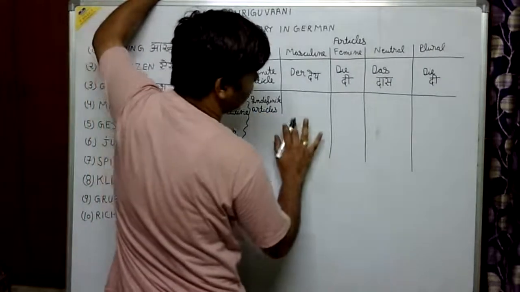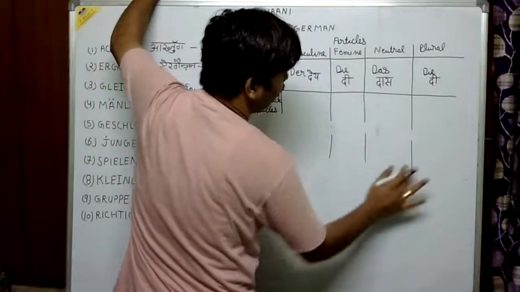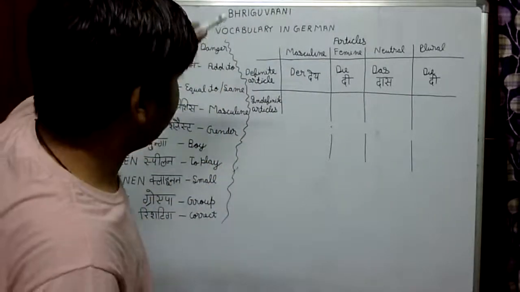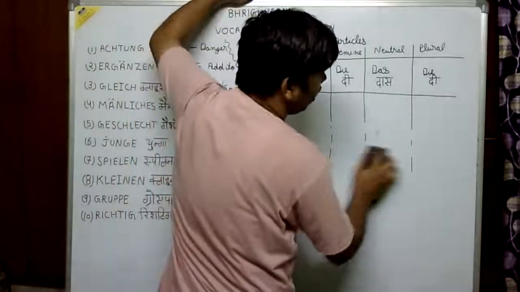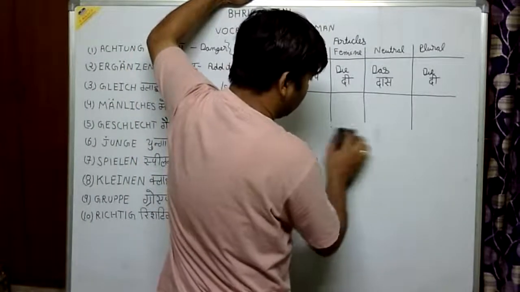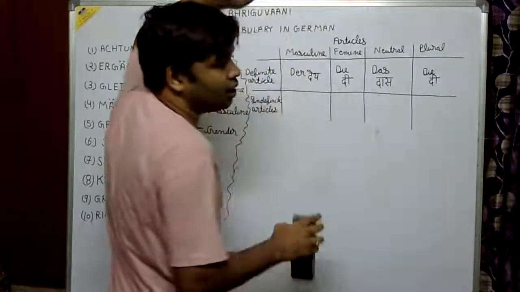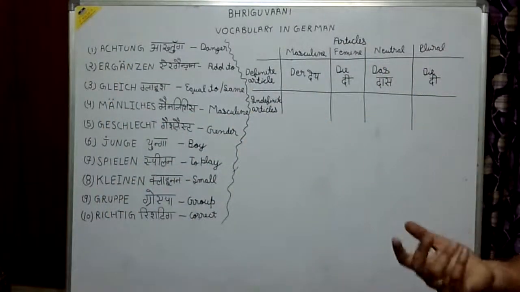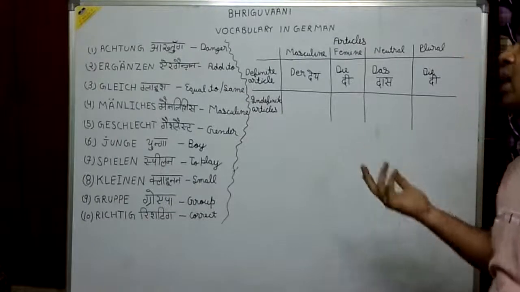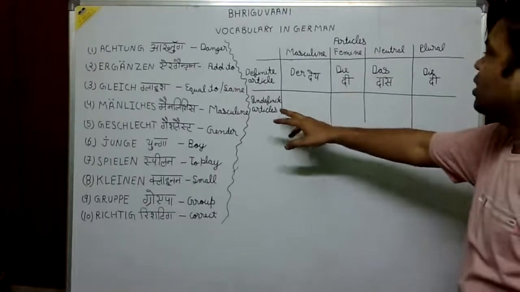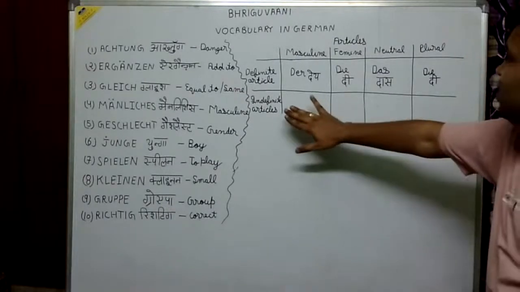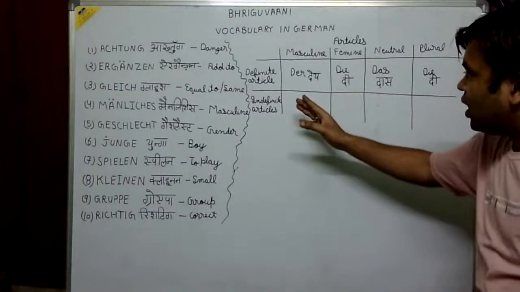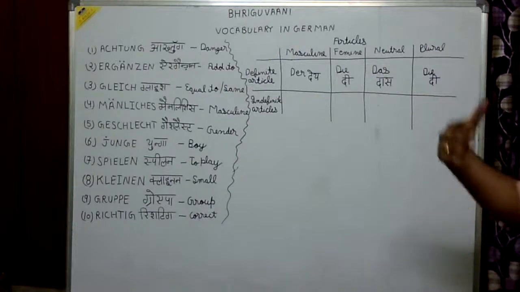In English, we say a boy, a girl, a school, a park, like this, because these things are not definite. These are indefinite. So in German, for indefinite articles, what do we use?